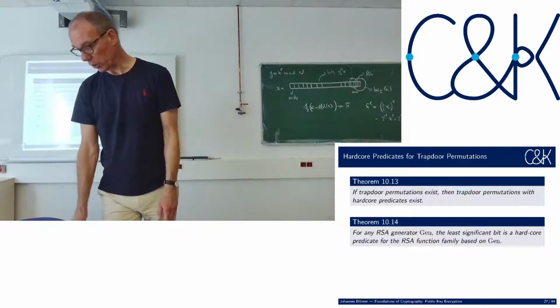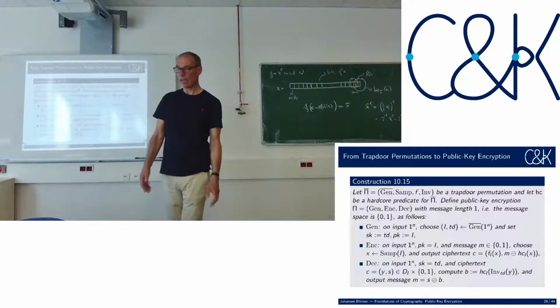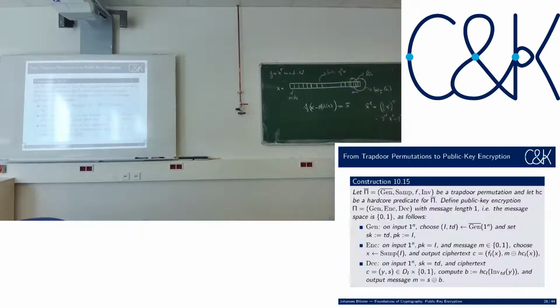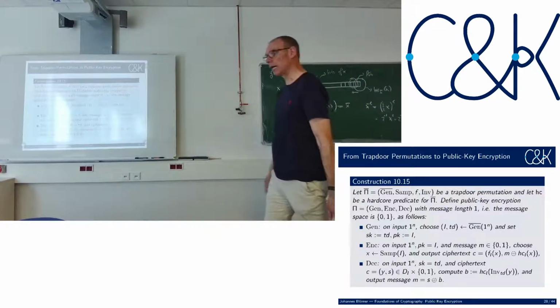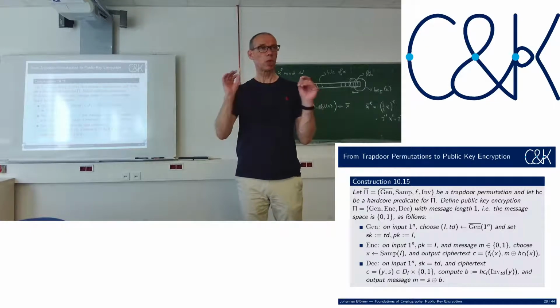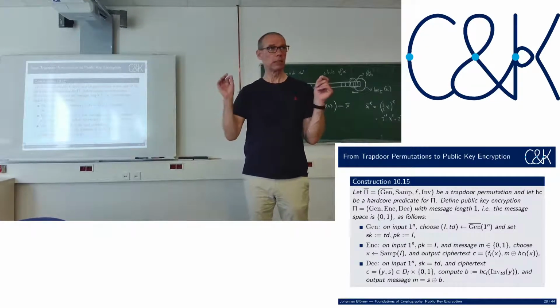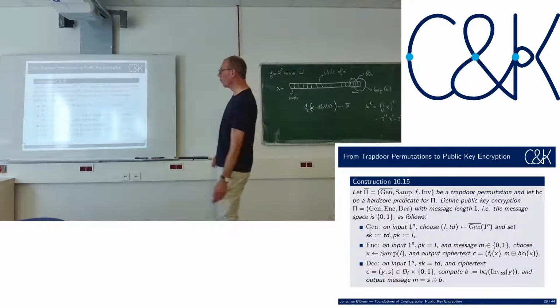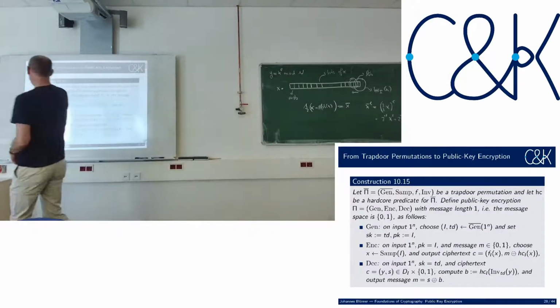Now we want to have a construction that starts out with an arbitrary family of trapdoor permutations and a hardcore predicate for that, and defines a public key encryption scheme that works only on individual bits. So we have our trapdoor permutation pi bar.